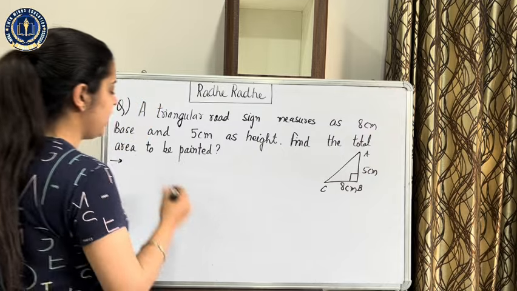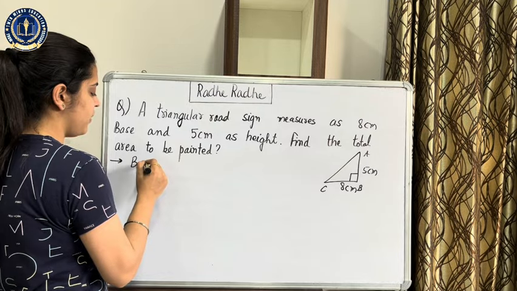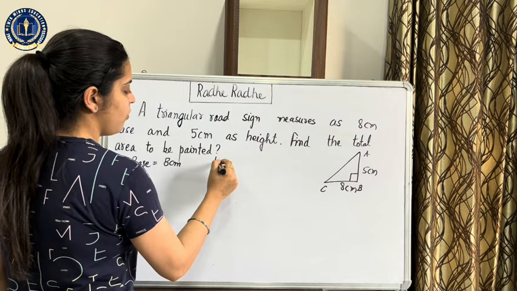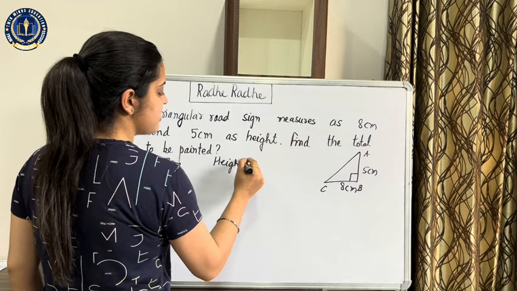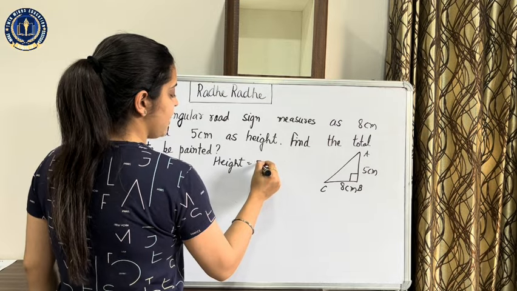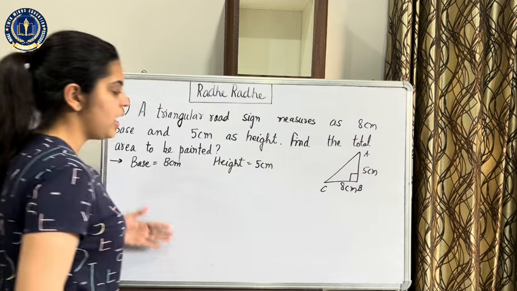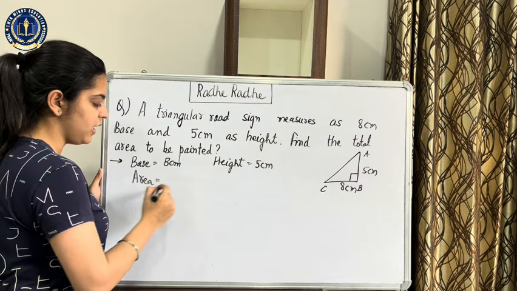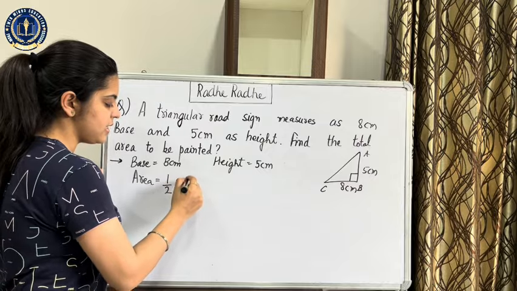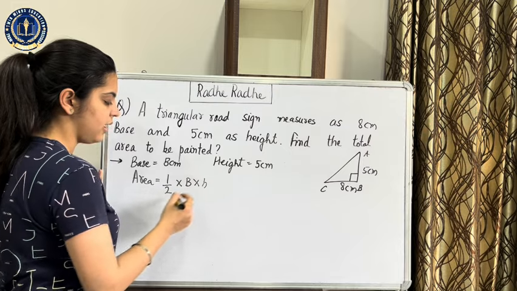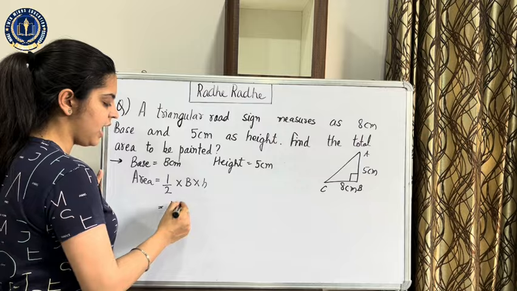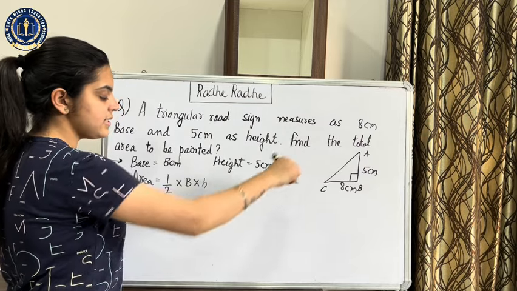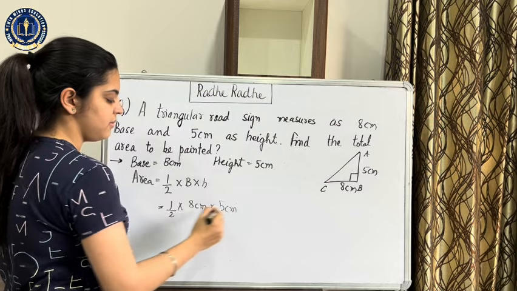Again we will write our base. Base is 8 centimeters. What's our height? Height is again 5 centimeters. Now, coming to the area, what is the formula of area? That is half times base into height. That means half into base 8 centimeters and height 5 centimeters.